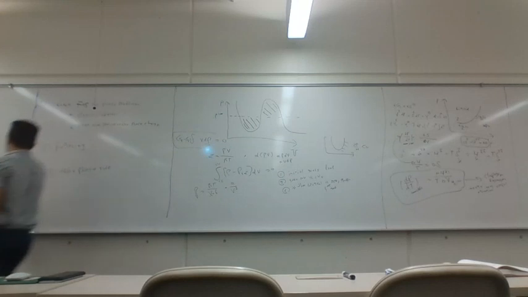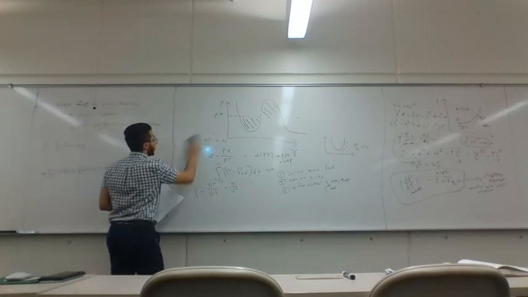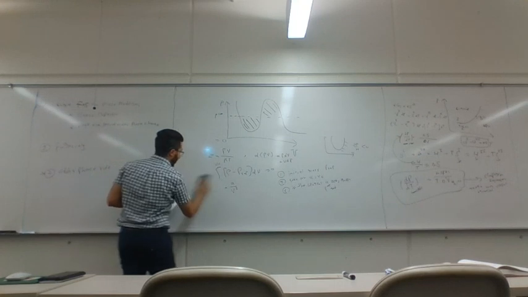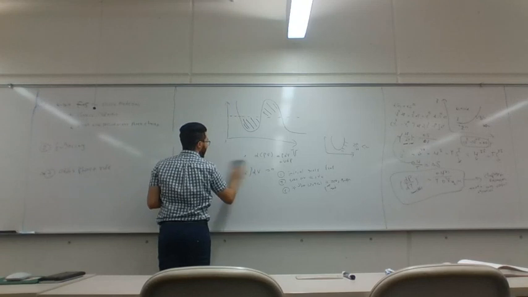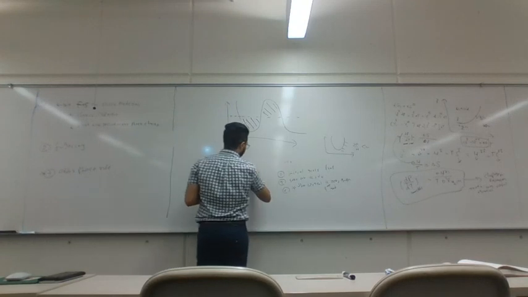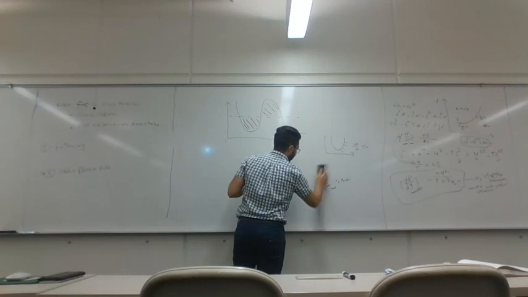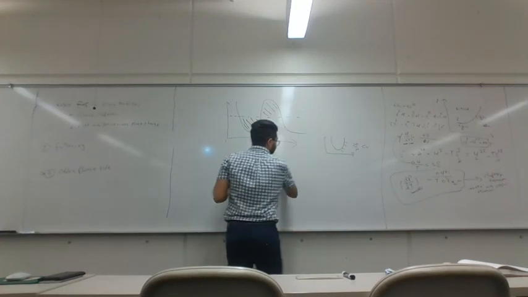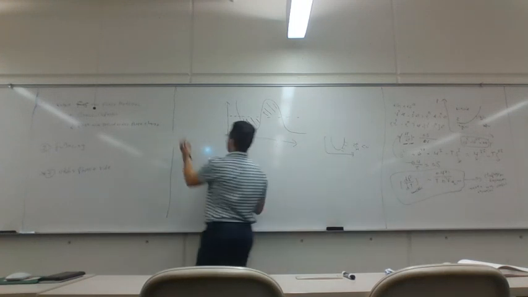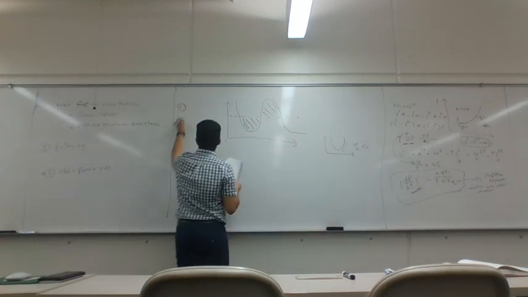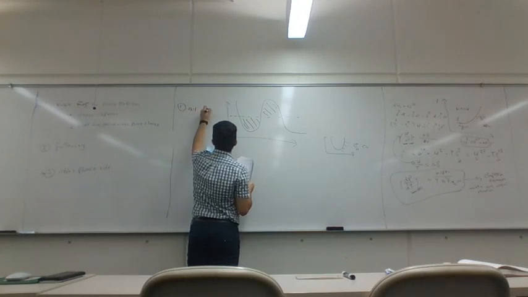I will erase this one. So we make no assumptions in this equation. We will make three assumptions and move forward. The first one is delta H is not going to change with temperature.